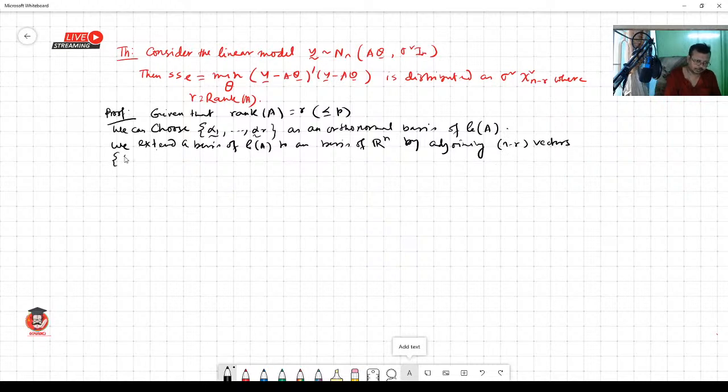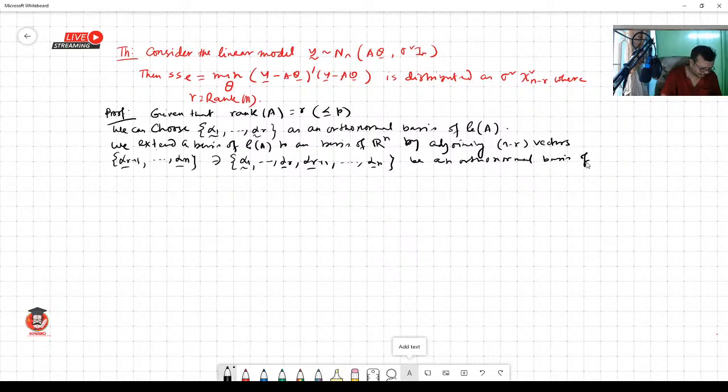I denote these vectors by alpha r plus 1 to alpha n, such that alpha 1 to alpha r, alpha r plus 1 to alpha n is an orthonormal basis of R^n.